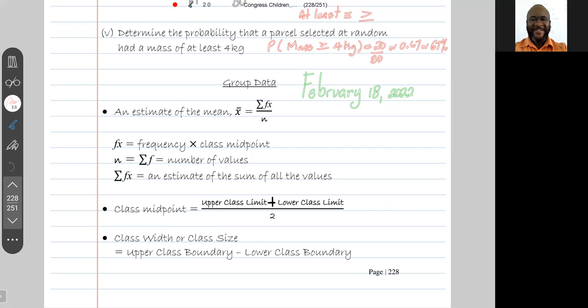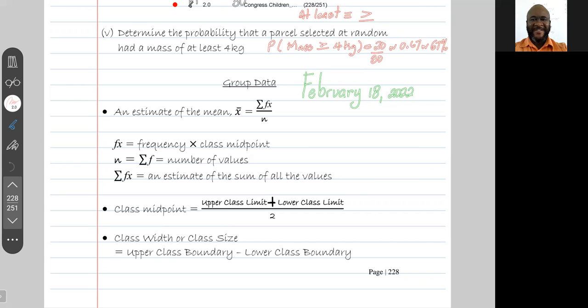So under group data, an estimate of the mean x bar is equal to the sum of fx divided by n. Now, fx stands for frequency times class midpoint.